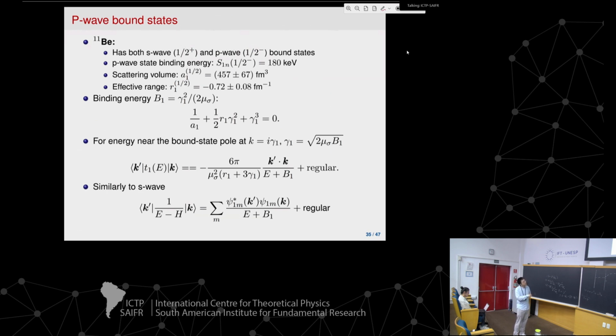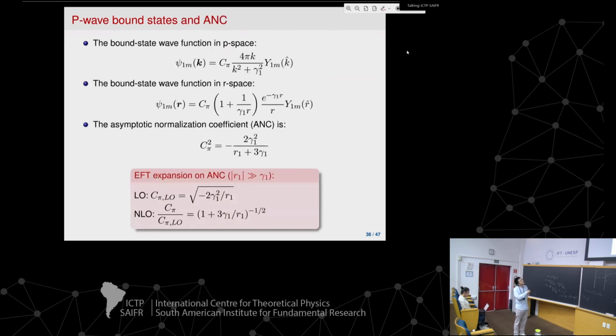If you compare these two equations, using the formula we discussed for the S-wave, you can obtain this wave function in momentum space written in this form. It will be similar: a coefficient over k squared plus gamma 1 squared. But different from the S-wave case, you have additional powers of k in the numerator.